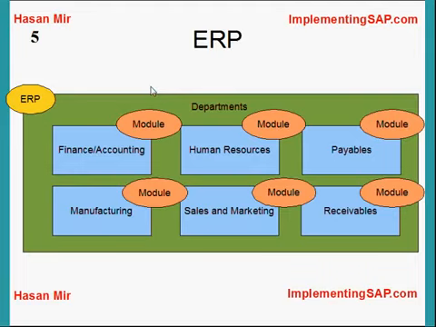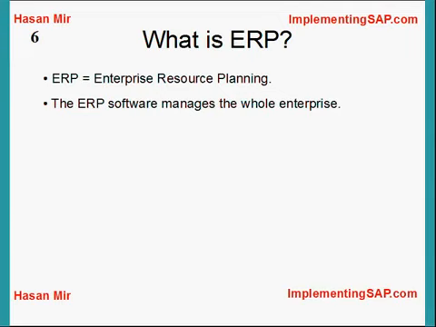And what would that mean to each department? Each department using standalone modules of the same ERP application. So what is ERP? ERP simply means Enterprise Resource Planning. It's a category of software, and there are various ERP softwares out there in the market. So ERP software manages the whole enterprise, as we just saw on the last slide.